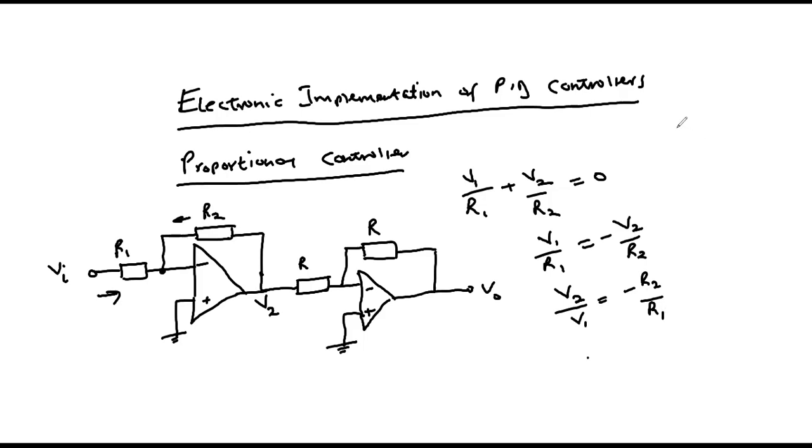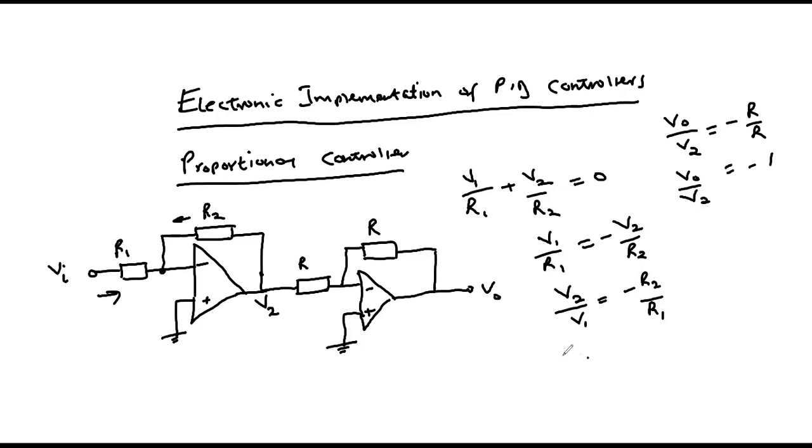Similarly, we can obtain the ratio between V out and V2 to be equal to negative R over R, following the same procedure, which is equal to negative 1. So V out over V2 is negative 1.